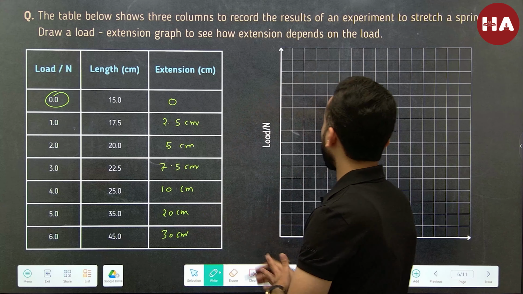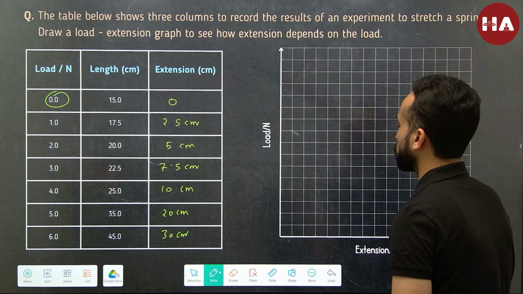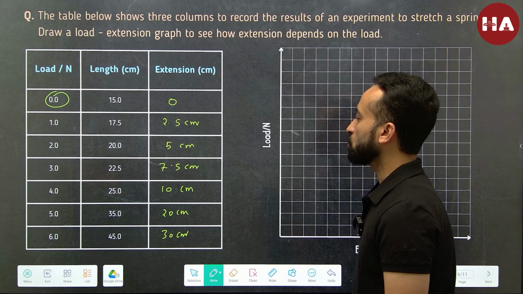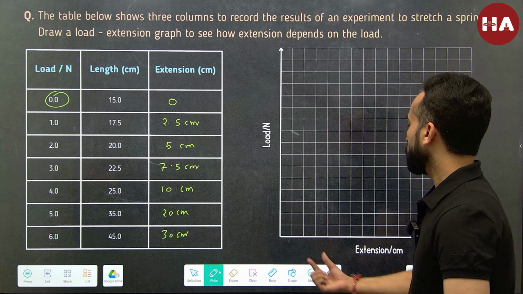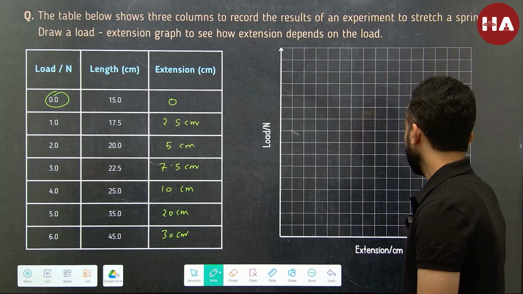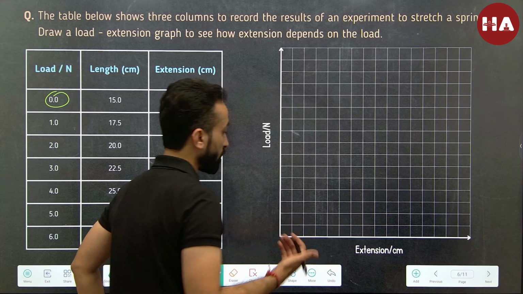If we wish to plot all these on a graph with load on the y-axis and extension on the x-axis, let's mark the points. Let's say we are representing the extension in centimeter here, and we have to go up to 30. So let's make each block 2.5 centimeter. Let's write the scale first.